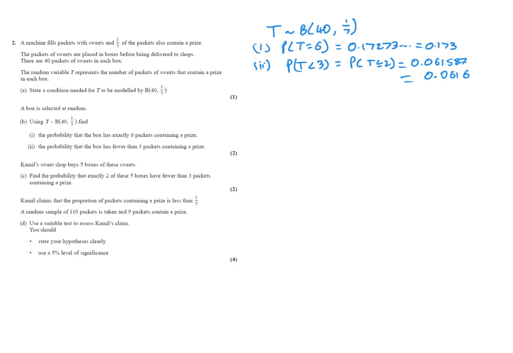So let's think about the distribution for Camille's situation. That's why I've cunningly called it K for Camille. Well done me. So again, it's binomial. Why? Because it's a fixed number of trials with the 5 boxes. Probability of success this time is having fewer than 3 packets containing a prize.